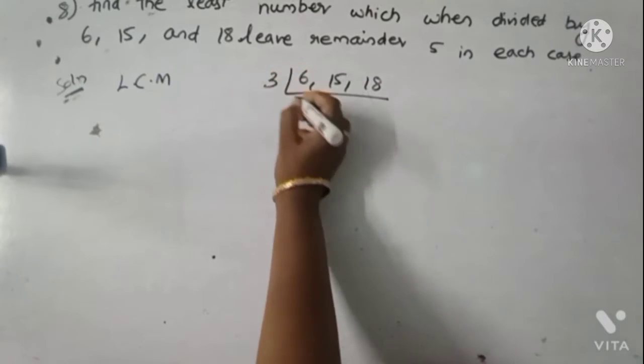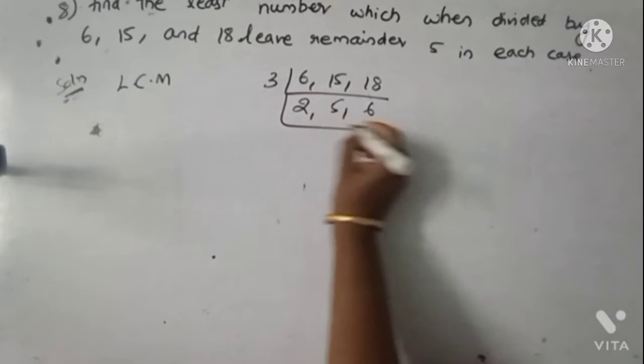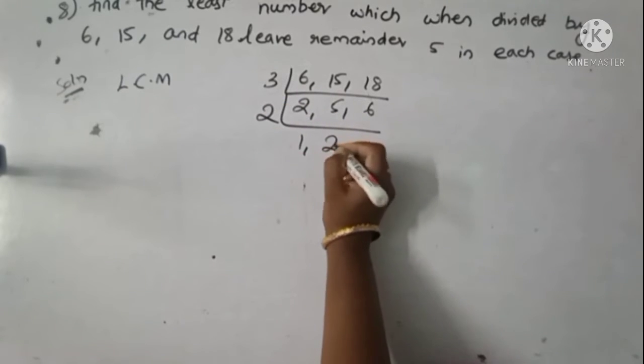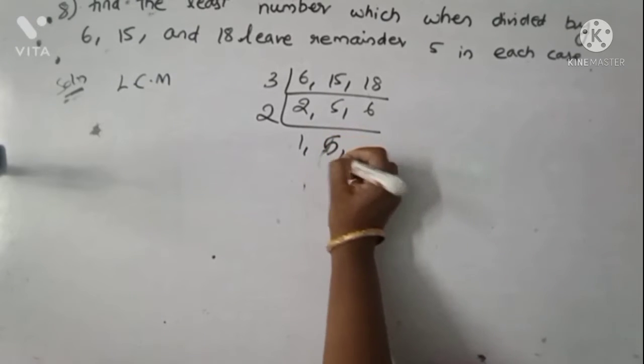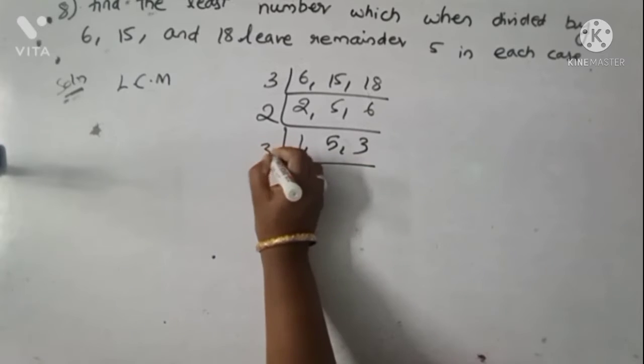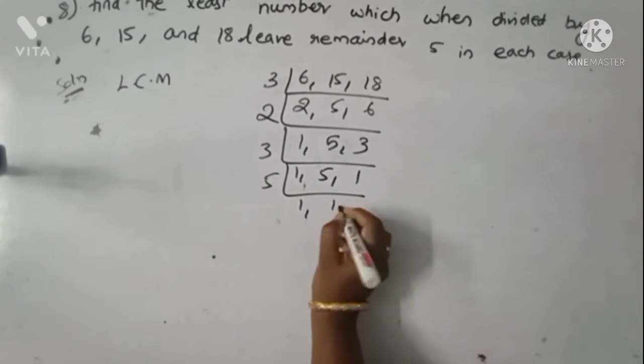So the LCM for the given 3 numbers 6, 15, 18. Let us start with 3 tables. 3 2s are 6, 3 5s are 15, 3 6s are 18. Once again with 2 tables, 2 1s, 2 3s are 6. The next 3 tables and then with 5 tables, 1 1 1.